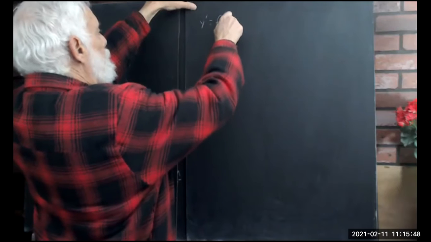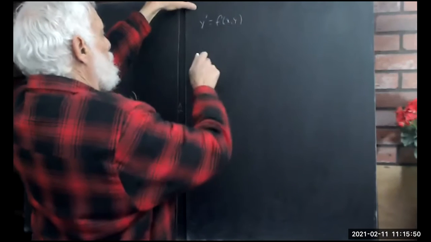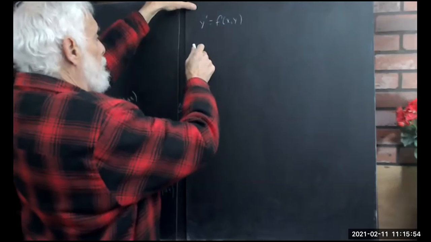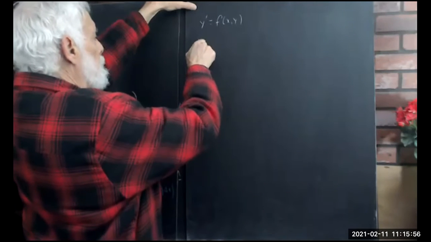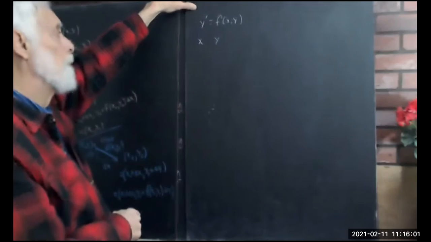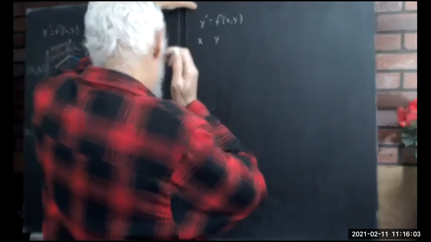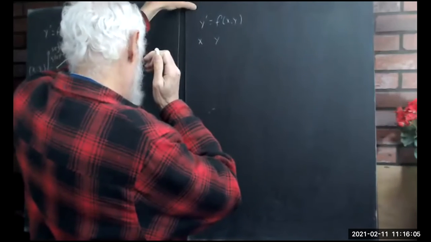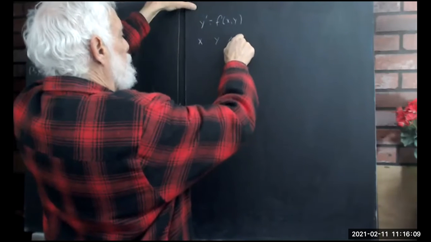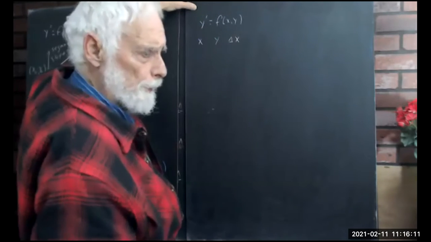So again, okay, we're going to make a table. We're going to have X here, Y here. We might as well have delta X, which is going to be the same every time.